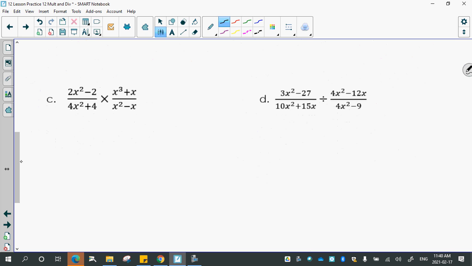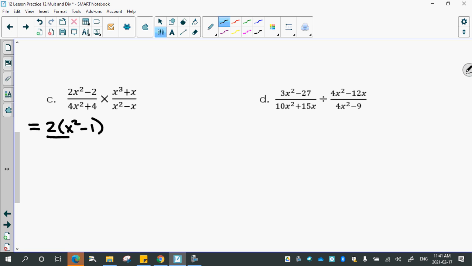Okay, next one. So we're starting at the first step, which is to fully factor all numerators and denominators. So I look at the numerator of the first fraction. Is there any factoring that could be done? Everyone see a common factor of 2? Okay.